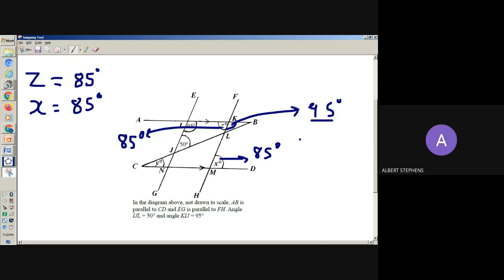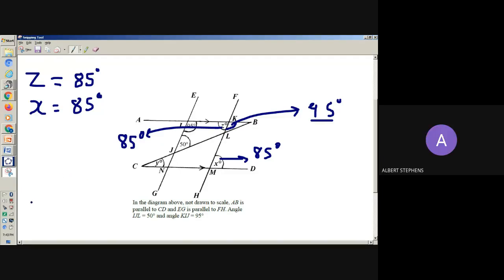Sir, could we use the 50 degrees up there to get what Y is, sir? Because if there says 50, then right in another little corner there, you just say 50. Right, very good. Very good.